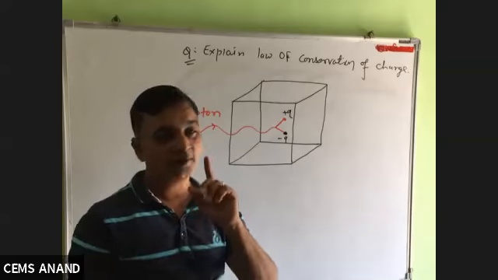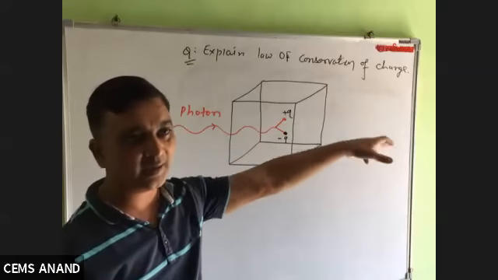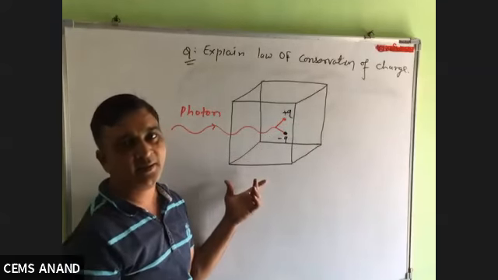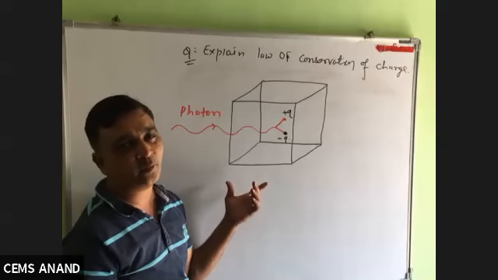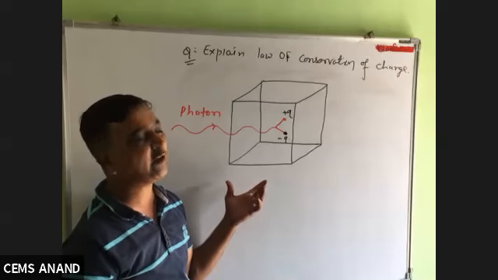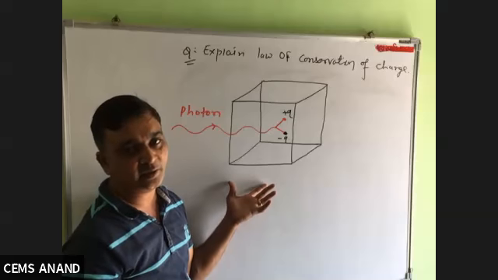That's why the law of conservation of charge is given as: the vector sum or total charge of an electrically isolated system remains constant.